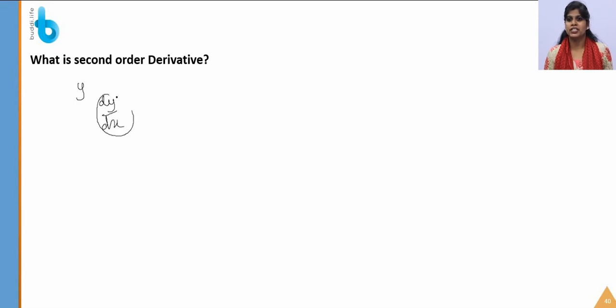Again differentiating the same function with respect to x for the second time, we get d square y by dx square. So this is the second order derivative. If you differentiate the same function twice, you get the second order derivative. That is the simple meaning of the second order derivative.